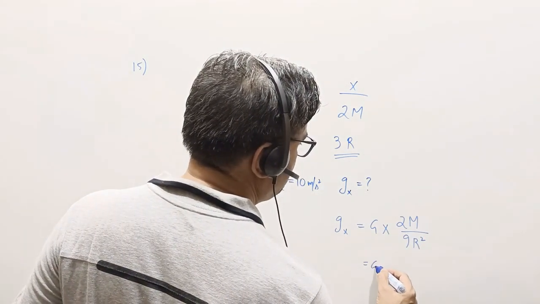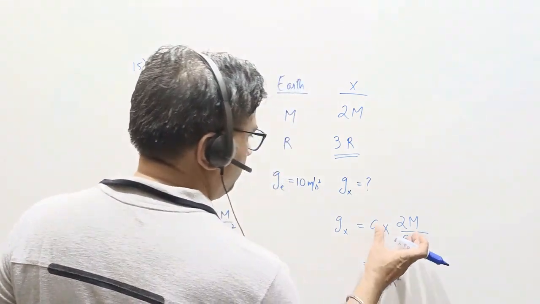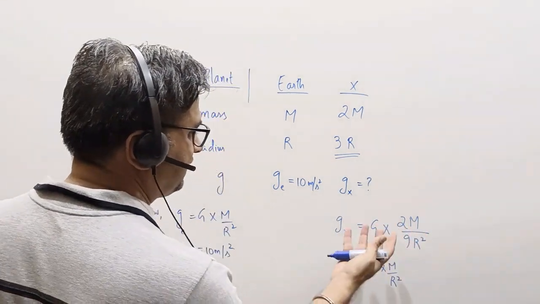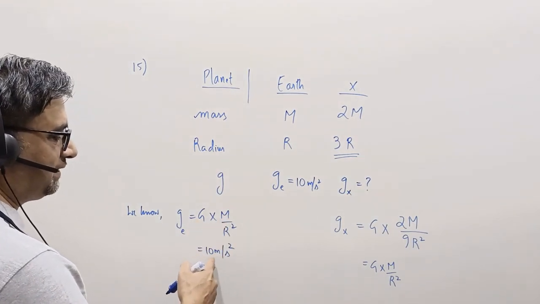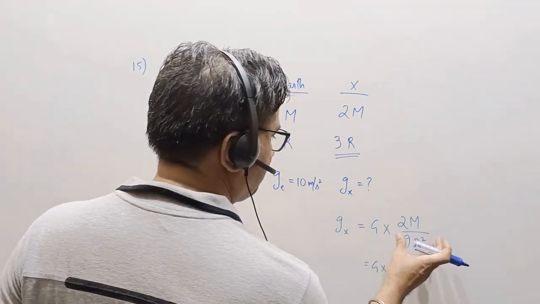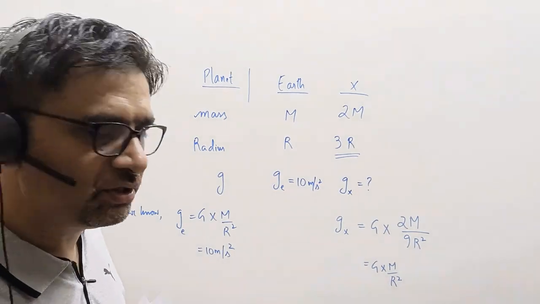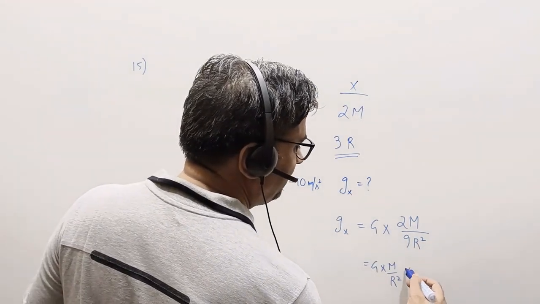So this becomes g into m by r square. We just make sure that we separate the factors that we are familiar with. So g into m by r square is 10 meter per second square. So that's what I have extracted. It's like bringing that factor out and seeing what the remaining factors are.